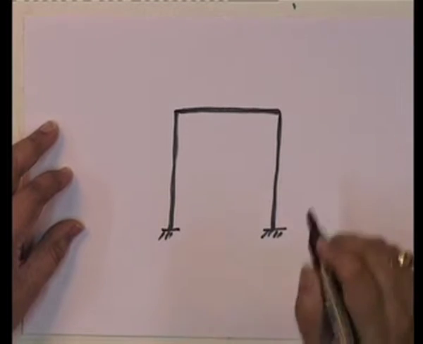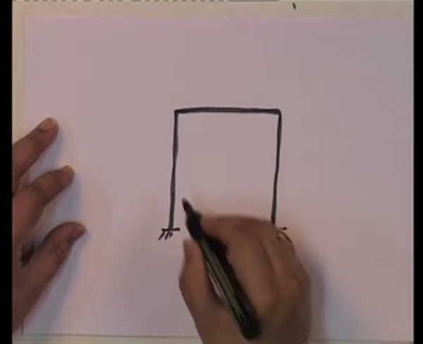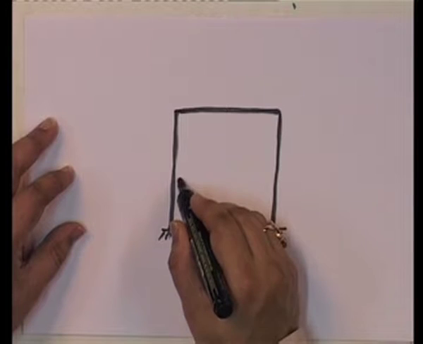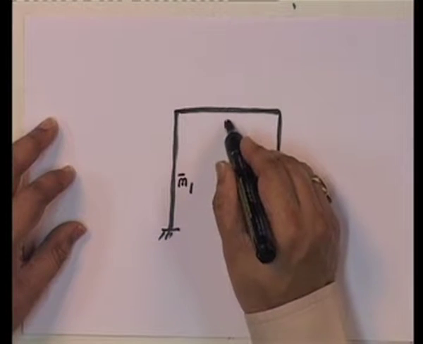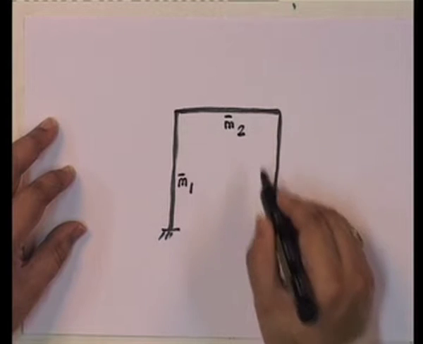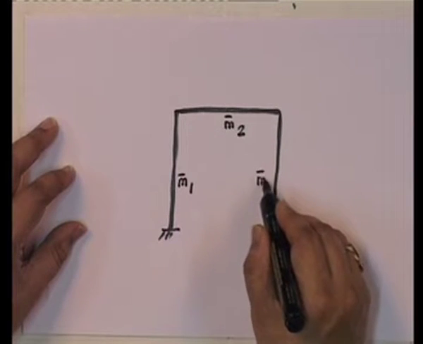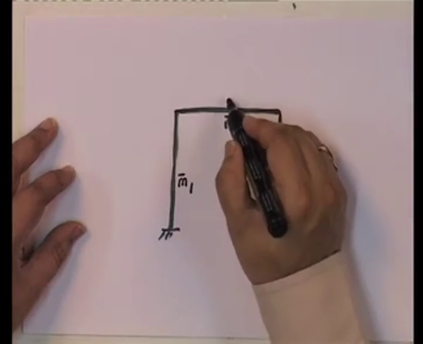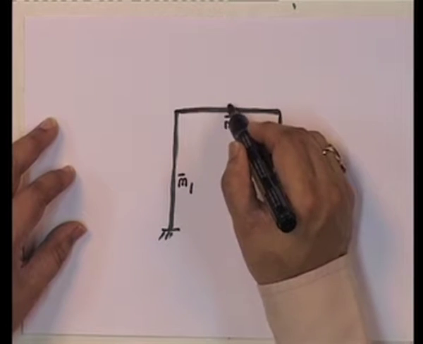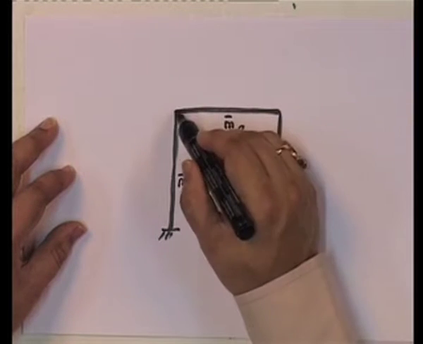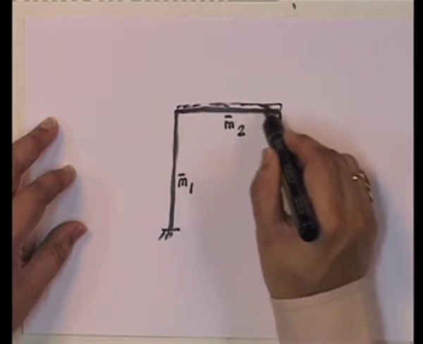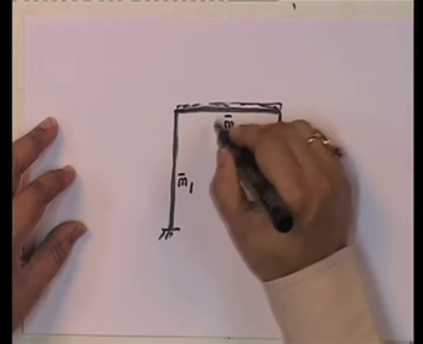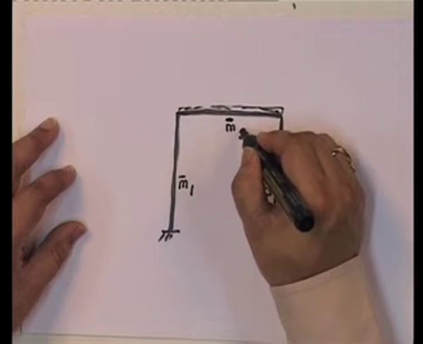Now, what I am saying is, look, this is m bar 1, this is m bar 2, this is m bar 3. There may be an applied mass over here, another UDL, which is included in this m bar 2.